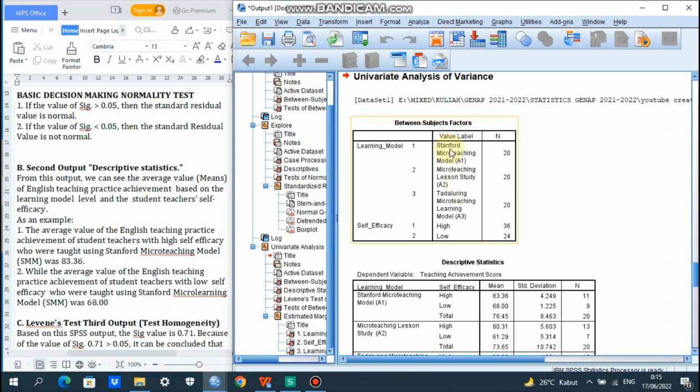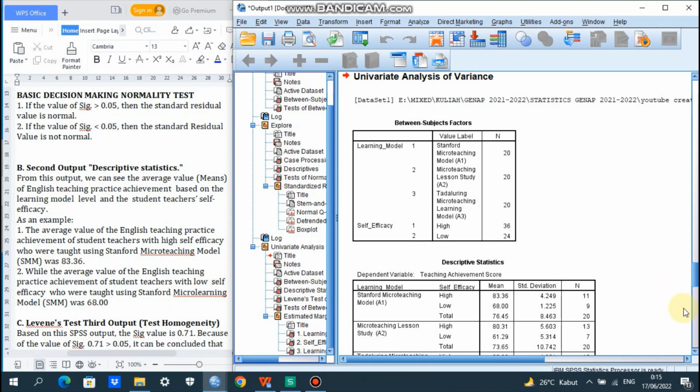The first is Stanford micro teaching model A1, 20 participants, and then level 2, micro teaching lesson study A2, 20 participants. And then Tadaluring micro teaching learning model A3, there are 20 participants also. And then self-efficacy consists of two levels: high self-efficacy, there are 36 participants, and students with low self-efficacy, there are 24 participants.